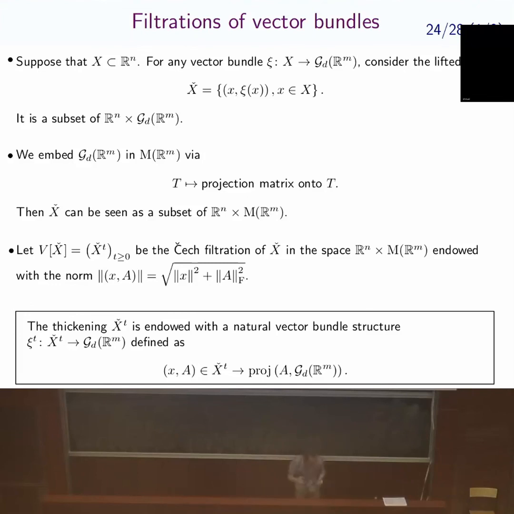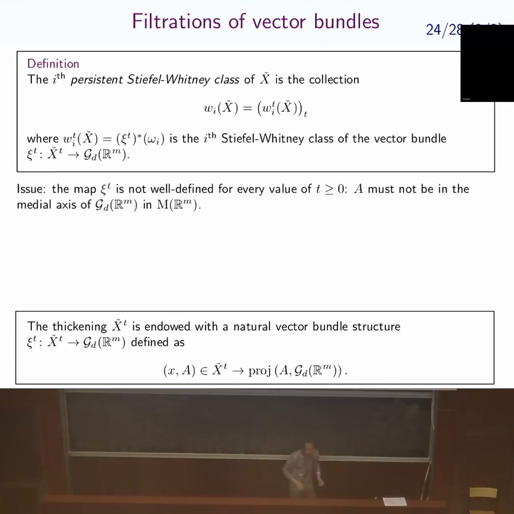Okay. So we can naturally define the persistent Stiefel-Whitney classes. Take any integer i. The ith persistent Stiefel-Whitney class of X check, the lifted space, is simply the collection of all the Stiefel-Whitney classes of my thickenings.